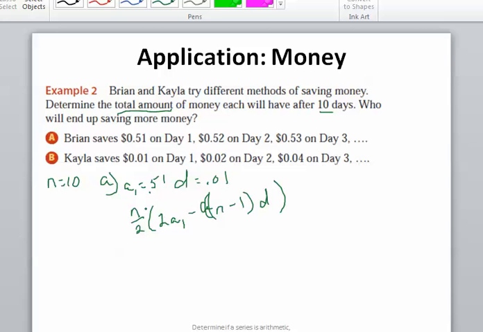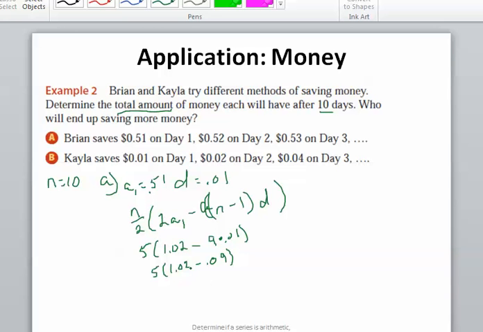Okay? Let's plug these values in real quickly here. We're going to have 5 times 51 times 2 is $1.02, minus n minus 1 would be 9 times 0.01. That's 5 times 1.02 minus 0.09.